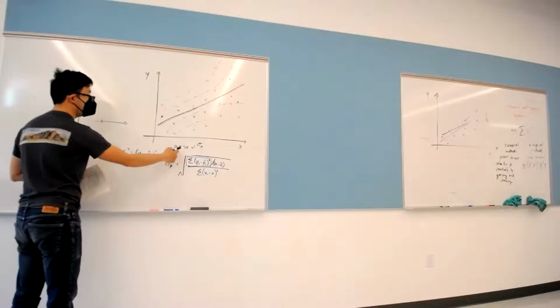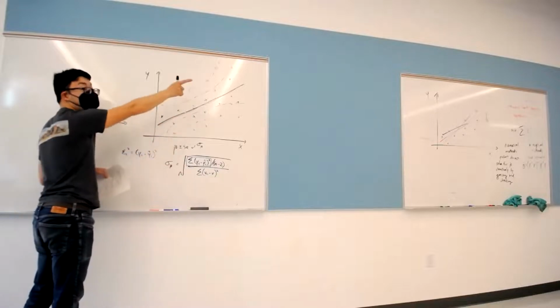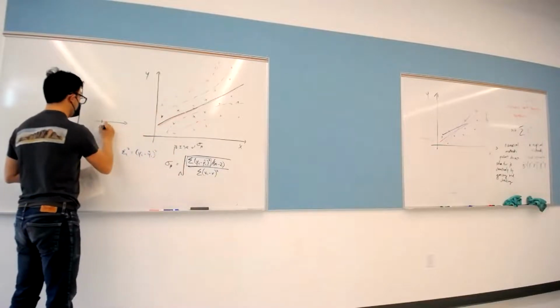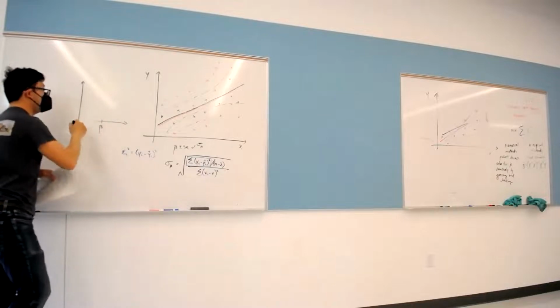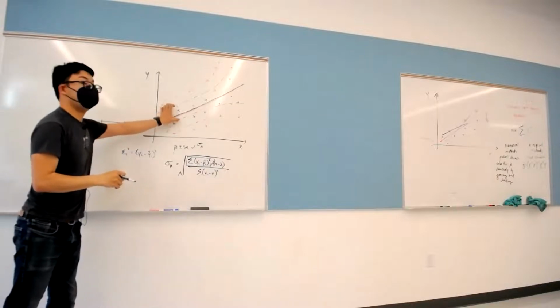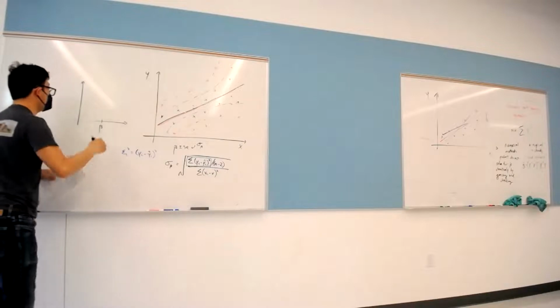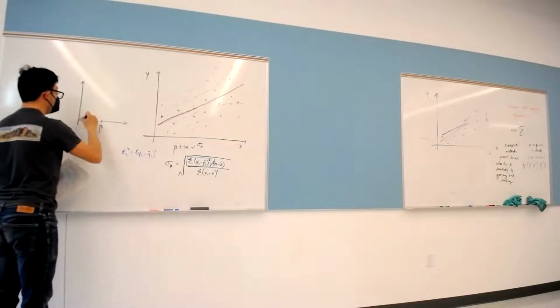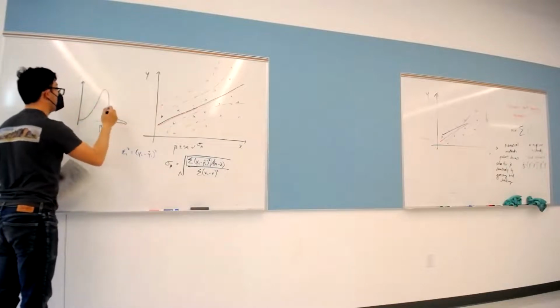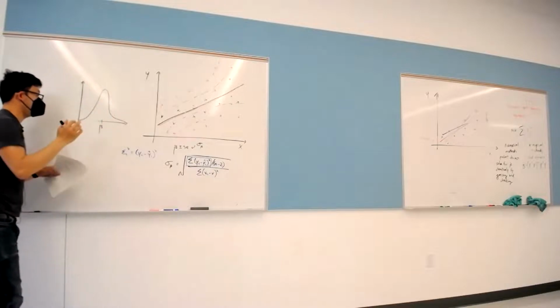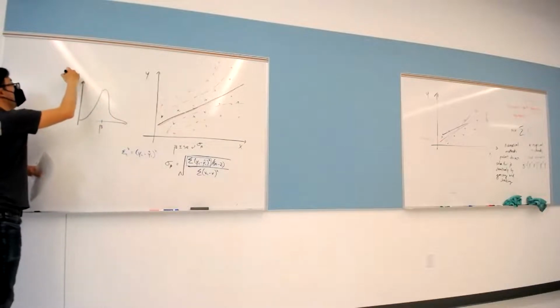If we say that this is the beta we've estimated from our fit, we actually have some uncertainty about that point. The uncertainty around that particular coefficient is represented via this very poorly drawn normal distribution.